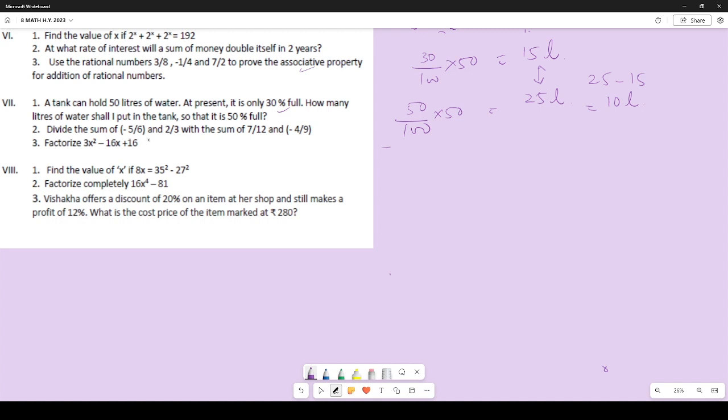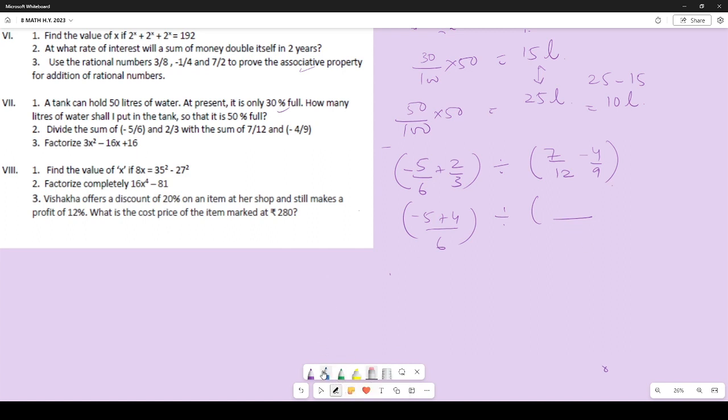Divide the sum of minus 5 by 6 and 2 by 3. Let us add them up first. Minus 5 by 6 and 2 by 3. Divide this with the sum of 7 by 12 and minus 4 by 9. Let us take this up here. The LCM is 6, minus 5 plus 4, divided by, here the LCM is 36, not 18.